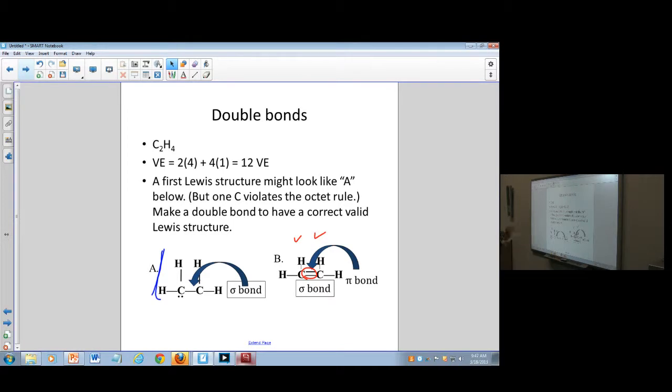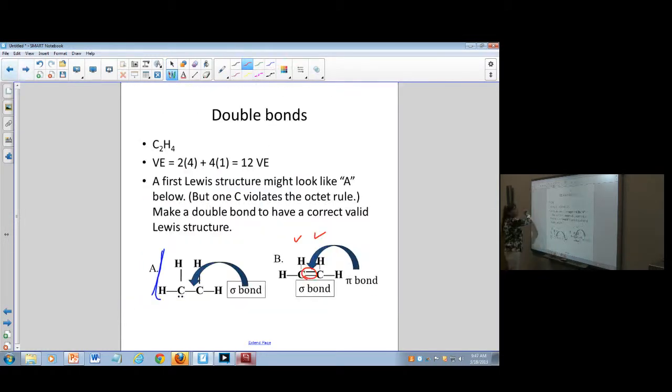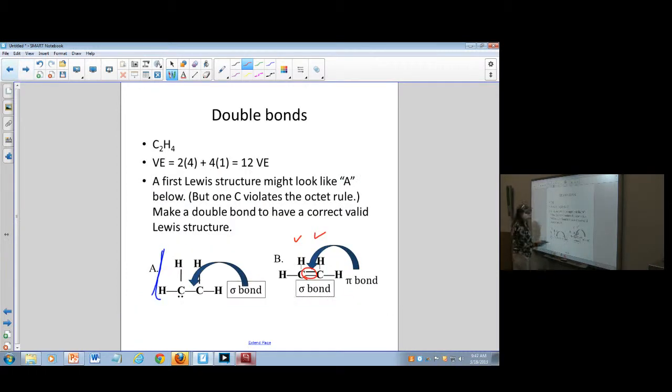So for C2H4, carbon had 3 areas of density. Now that's for each carbon. Let's just look at that. It has 3 areas of density.